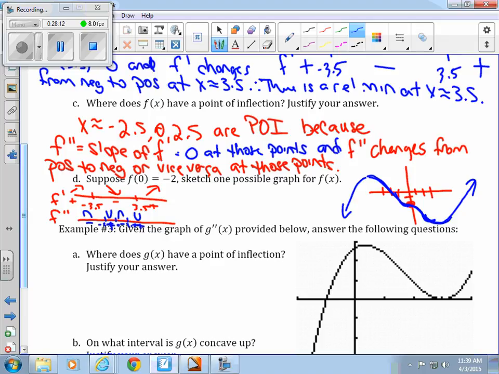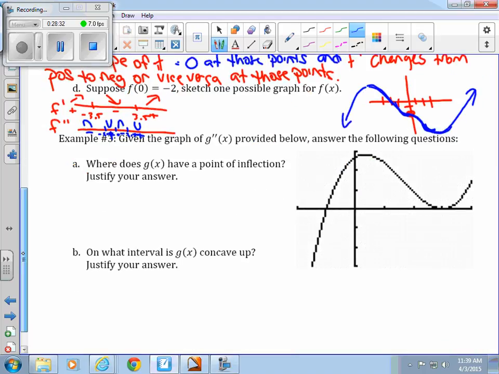Okay. Example number 3. Given that the graph of what? Okay, I need to know that, right? That's the first thing I'm going to pick out on a graph problem. Second derivative of g is below. Answer the following questions. Where does g have a point of inflection? Justify. Well, on the second derivative, where am I looking for points of inflection?